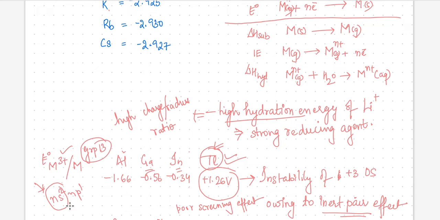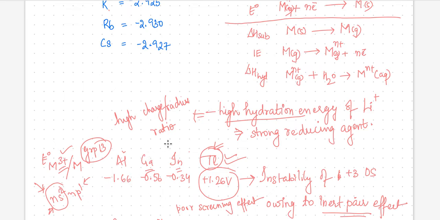As a result, these are very closely bound to the atom, and thus the +3 oxidation state is highly unstable as you go from gallium to indium to thallium. However, the +1 oxidation state is more favored.